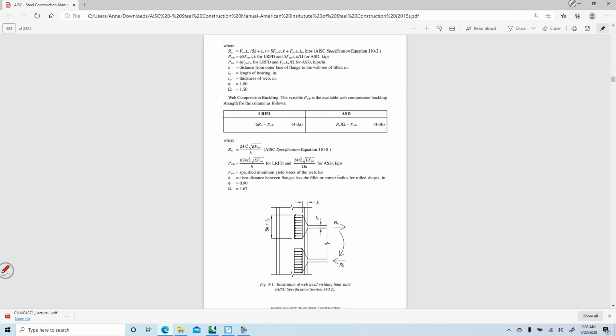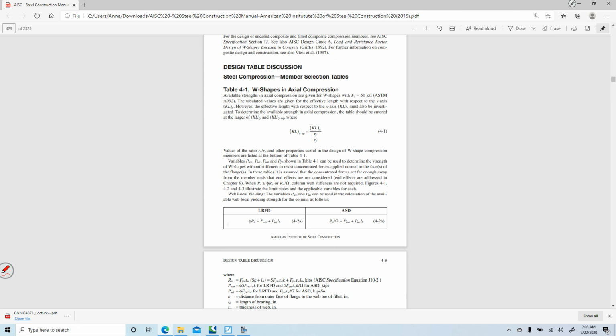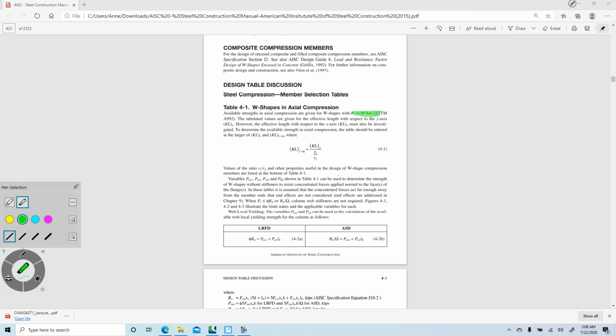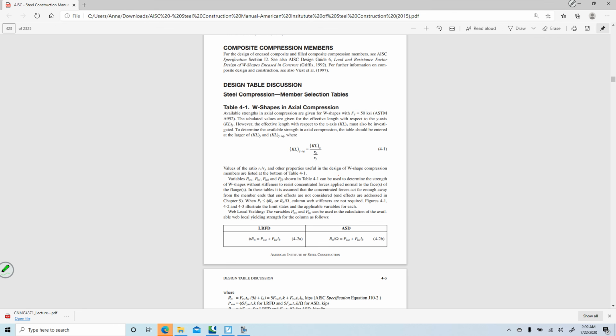Well, in the 13th and the 14th edition, it always assumed an FY. If you look in the 15th edition, you have table 4-1A, 4-1B, and 4-1C with different FYs. So be sure and look at that.